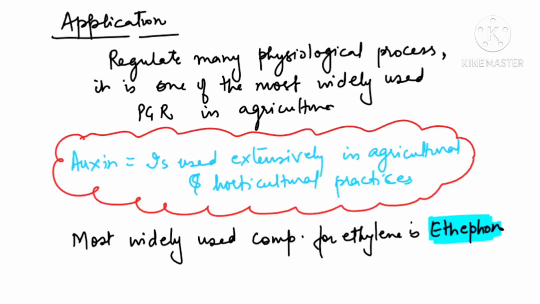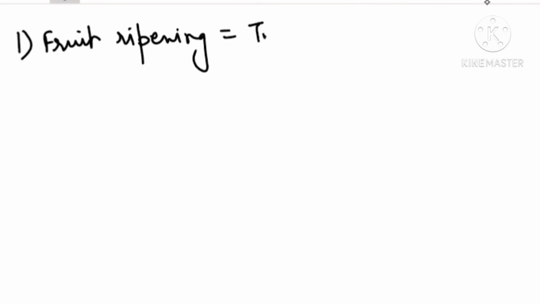Another application: we use it in agriculture and horticulture, but in agriculture we use it more. We are using it for fruit ripening, for abscission also, and for promoting the female flower. So we are using them for fruit ripening, especially for tomatoes and apples. Tomato and apple, please remember this question.